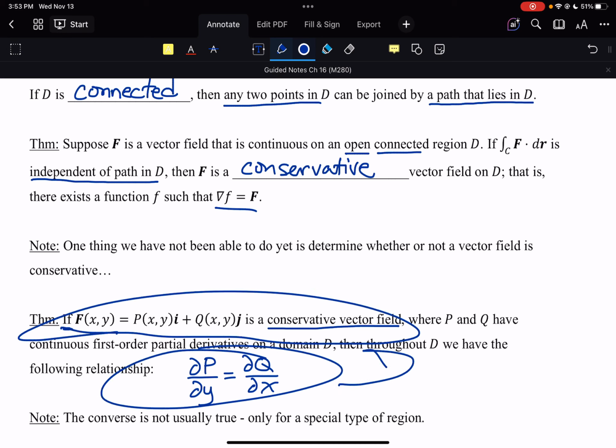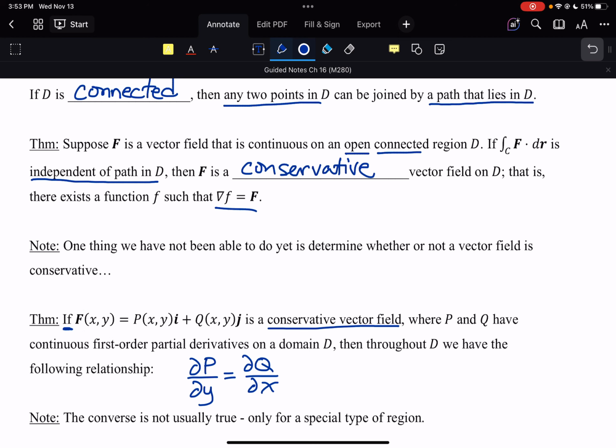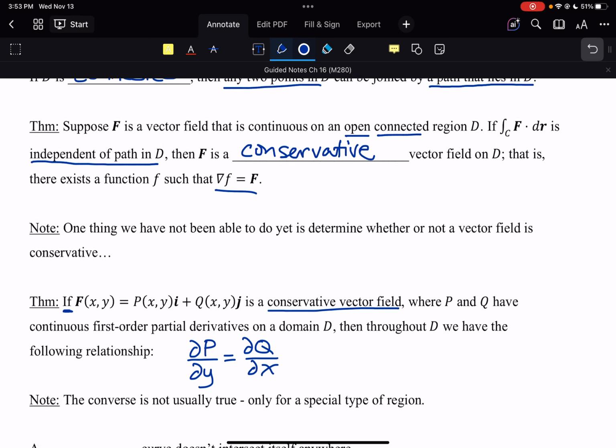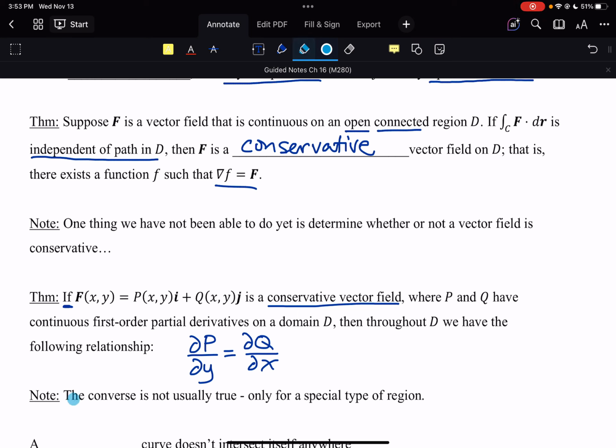It doesn't necessarily go backwards. This is not what we would call a biconditional statement. And it says, again, right down here, the converse is not usually true. So the converse, the opposite of this, if this is equal, then it's conservative, is only true for a special type of region. And we're going to define what that region is right now.